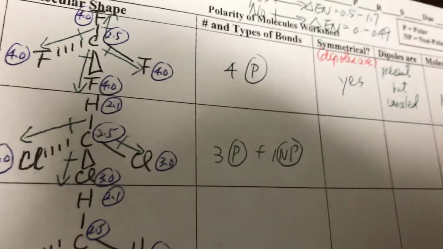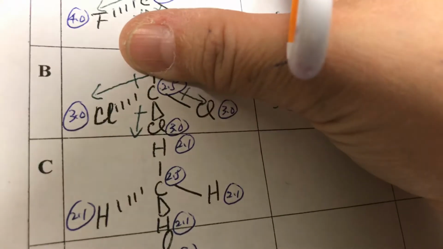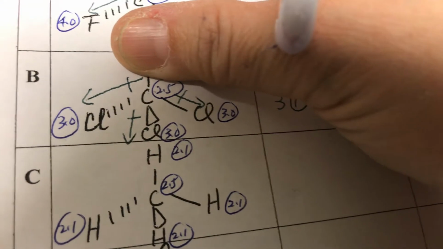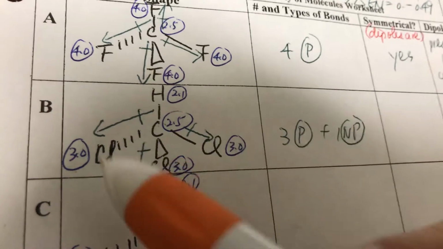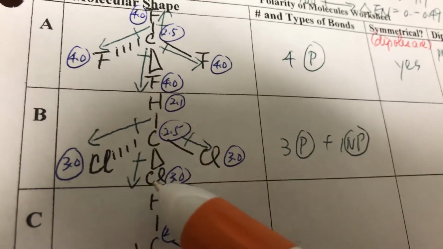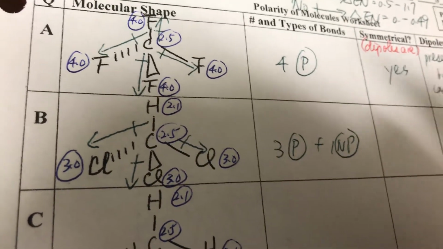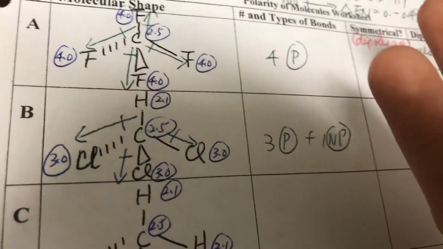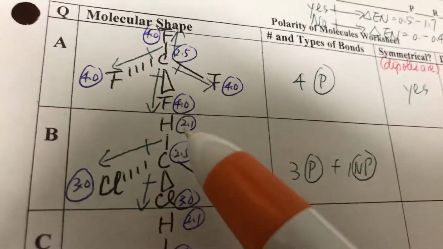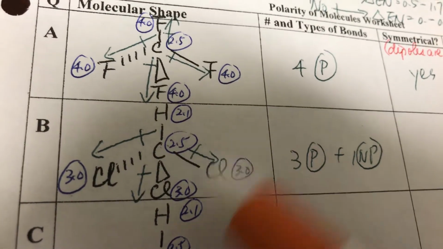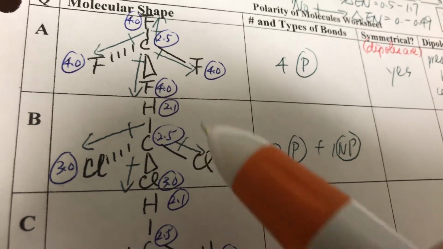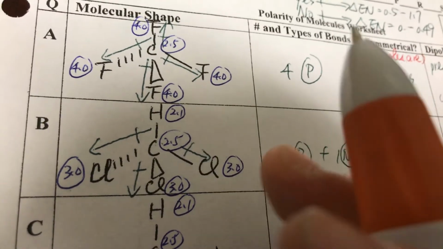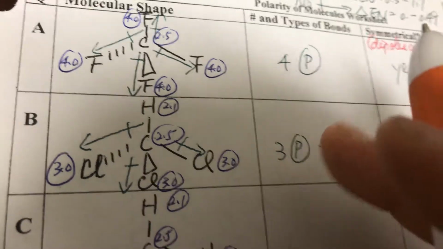You have 4 bonds, but if you have a nonpolar one, forget about it and just look at the 3 polar bonds. The 3 polar bonds look like a chicken feet shape going to the bottom, but I have no chicken feet going to the top to be symmetrical.